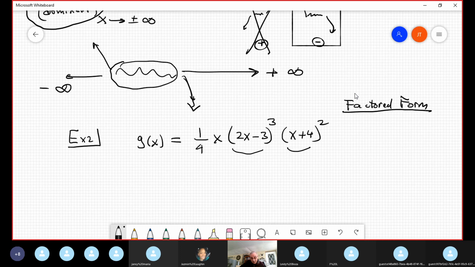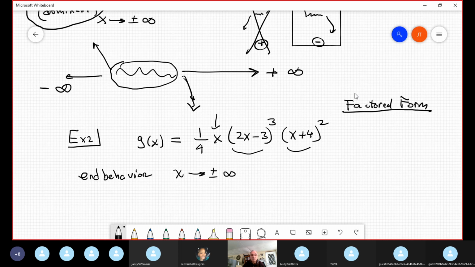But one fantastic way, not too long, but short, is to consider the end behavior expression. Remember, end behavior means that x approaches plus and minus infinity. It's a huge number.